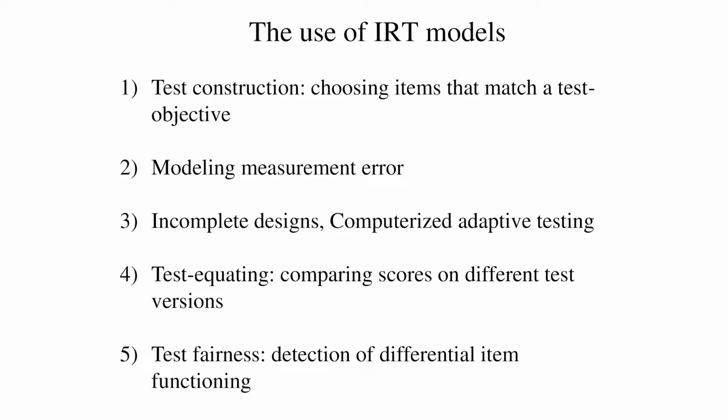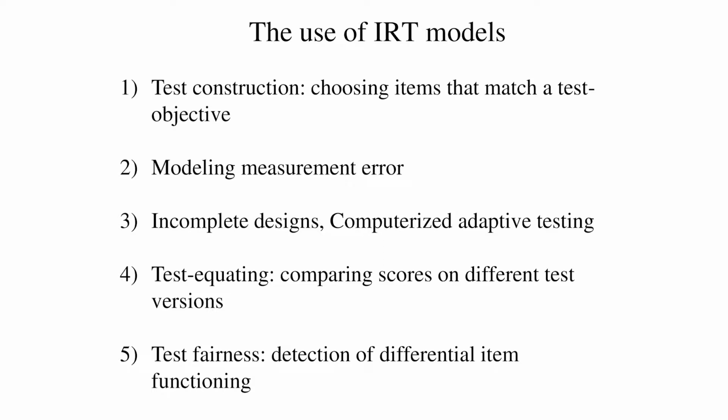So your objective could be something like pass-fail scores, so cutoff scores, or it could be selecting people with very low proficiency, or it could be estimating the mean of some population regarding their ability. These are test objectives, and IRT gives you a possibility to construct an optimal test.